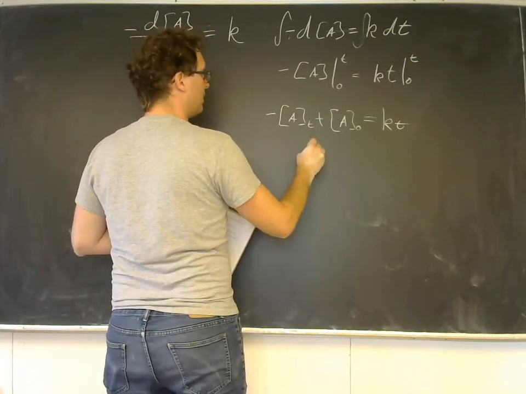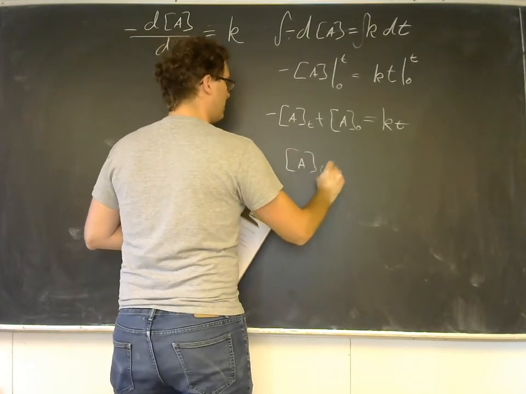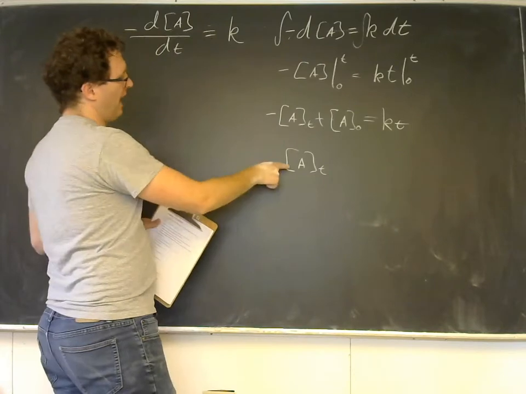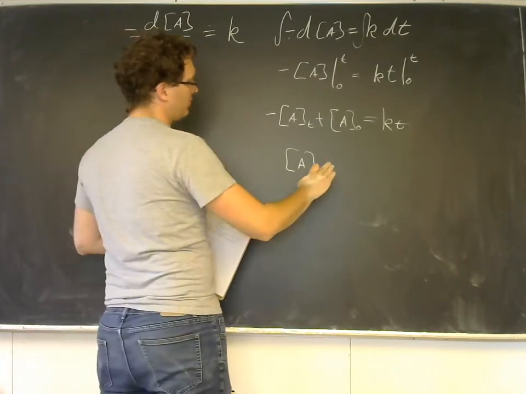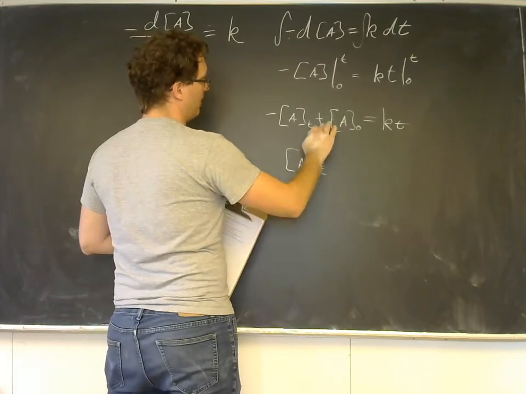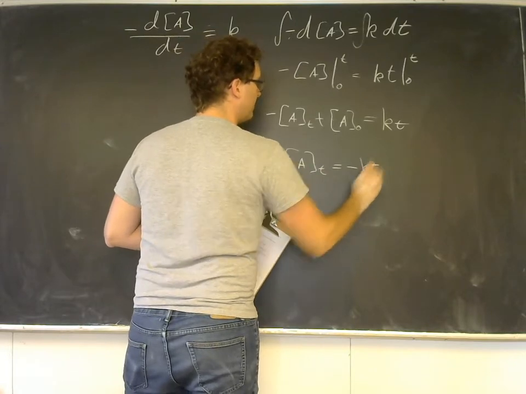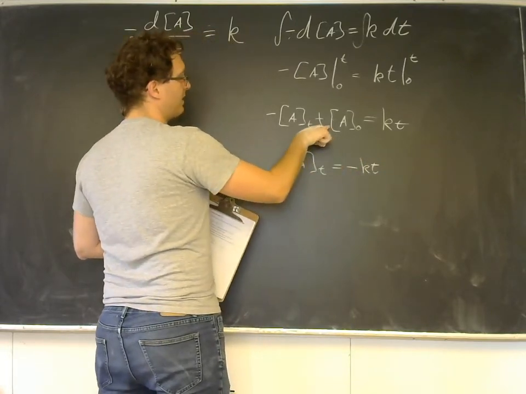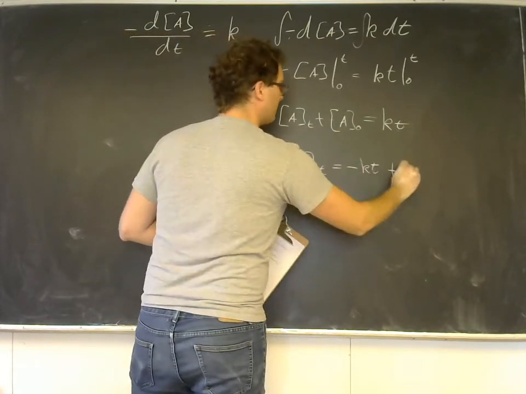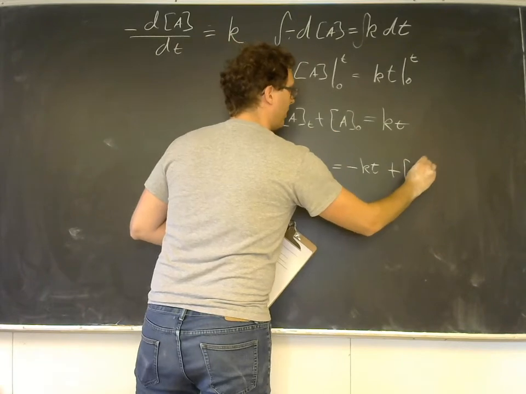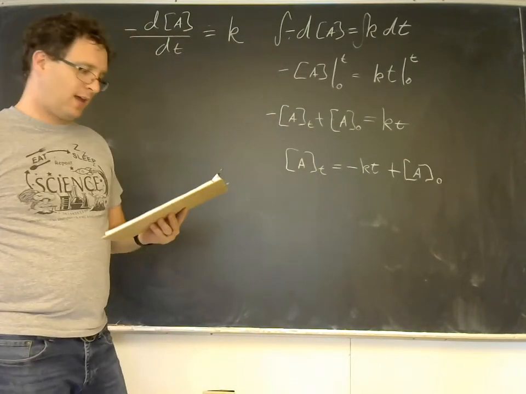And we'll go ahead and get A t on one side. We want A t to be a positive value, and so we'll invert everything. So that's going to equal a negative Kt, and then this A naught will have been turned negative, and we'll do a positive to bring it over to the other side. A naught. So A t is equal to negative Kt plus A naught.